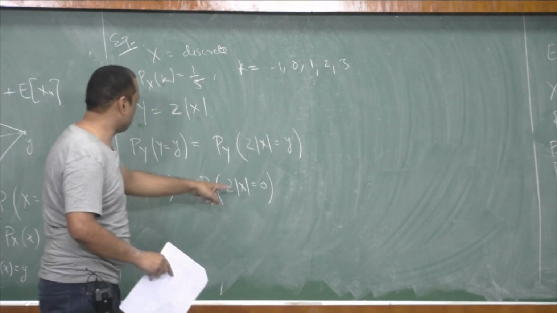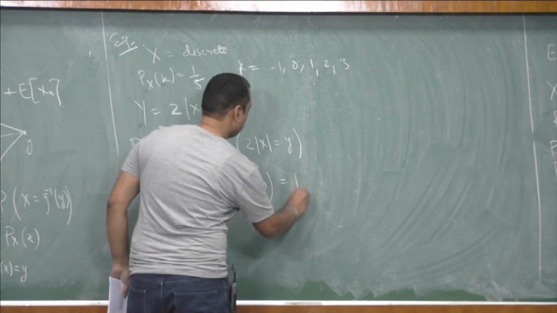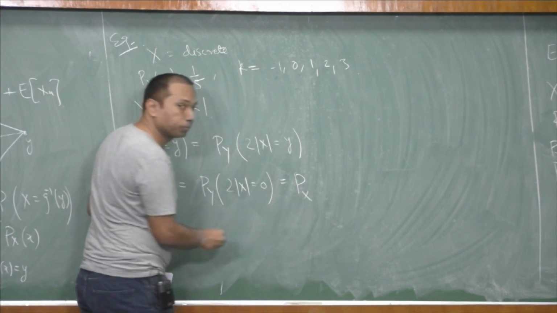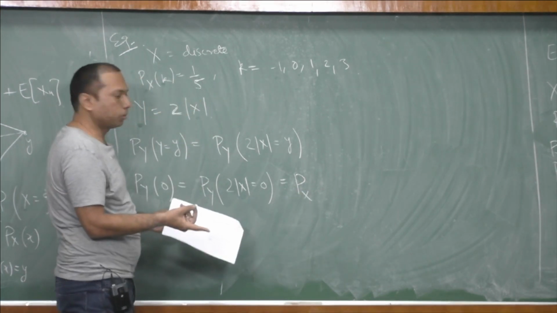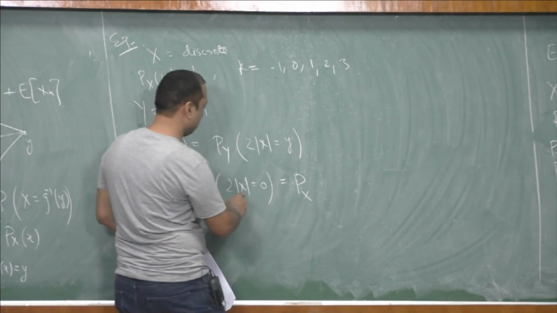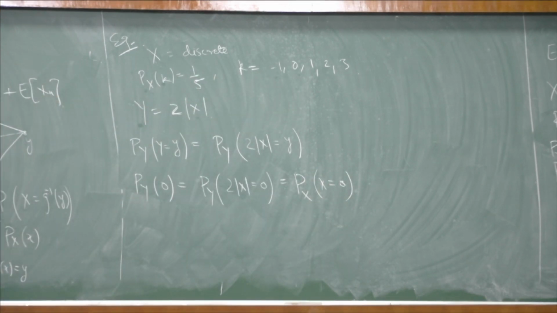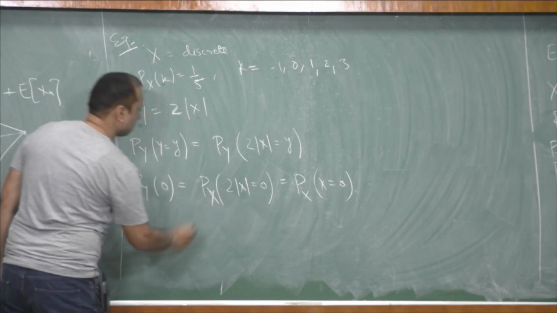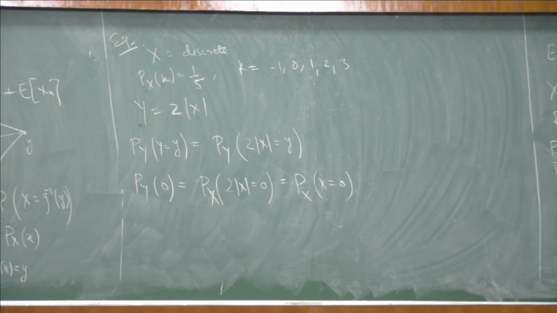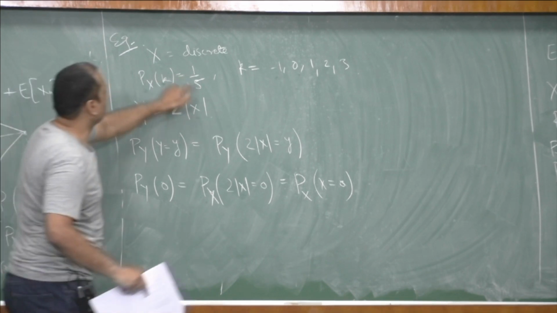I do a trick where I change to x now, because everything boils down to x, and then only one x is 0. This happens only for x equals 0. Now I read out the value at x equals 0. It's 1 over 5.